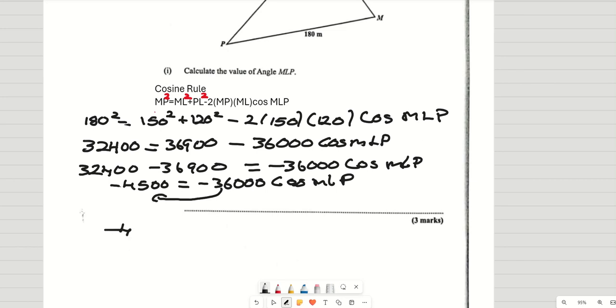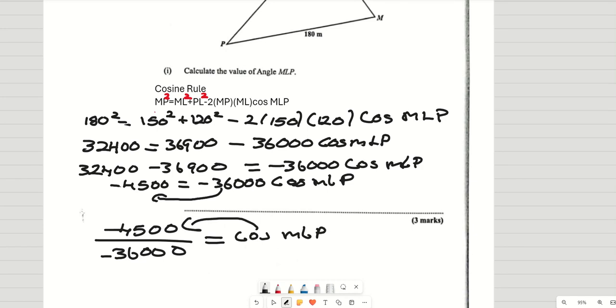That's minus 4,500 divided by negative 36,000 is equal to cos MLP. You carry across cos over the equal sign, that's cos inverse, open bracket.